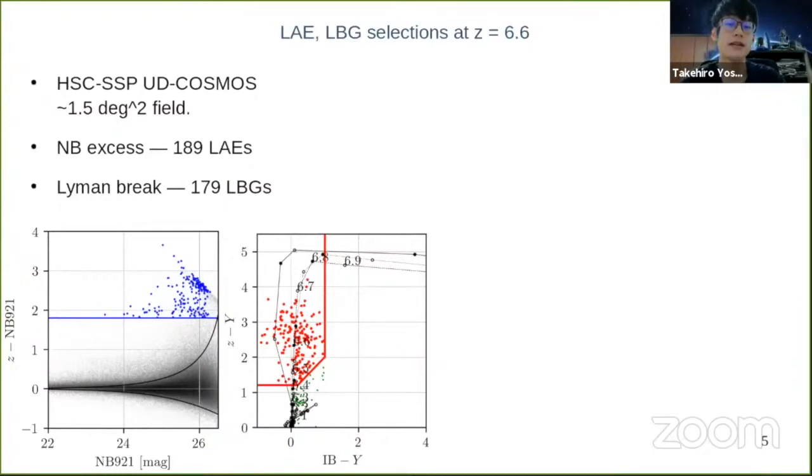We detect LAEs at redshift 6.6 based on the flux excess in the narrowband filter as shown in this color magnitude diagram, and we obtain 189 LAEs. Then we detect LBGs at redshift 6.6 by using the Lyman break technique as shown in this two-color diagram, and we obtain 179 LBGs.